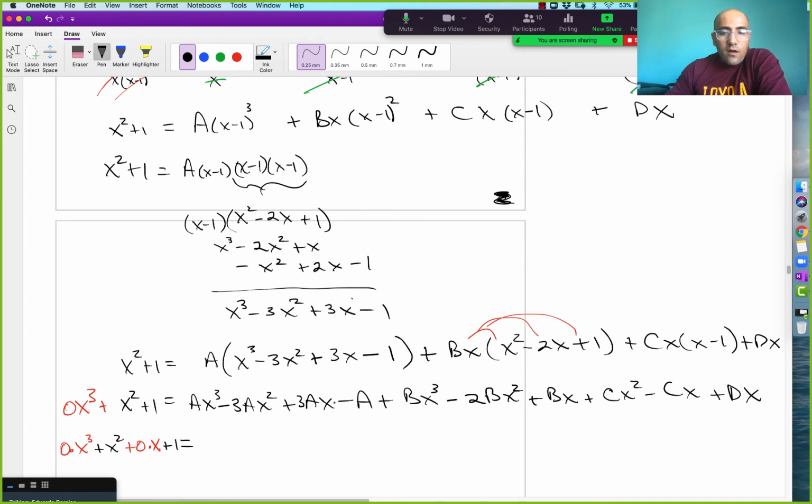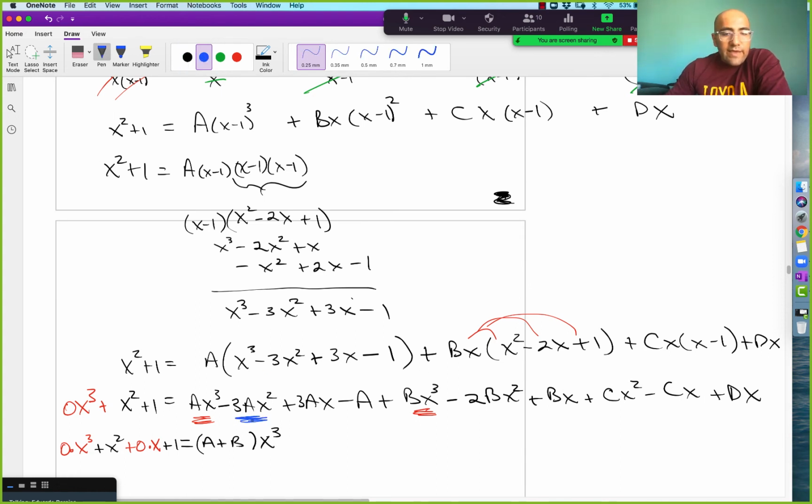equals. And then on the right-hand side, I'm going to again group them by powers. So all the ones that have an x cubed, that one has an x cubed, that one has an x cubed, and that's it. So I'll end up with a plus b x cubed. Good.